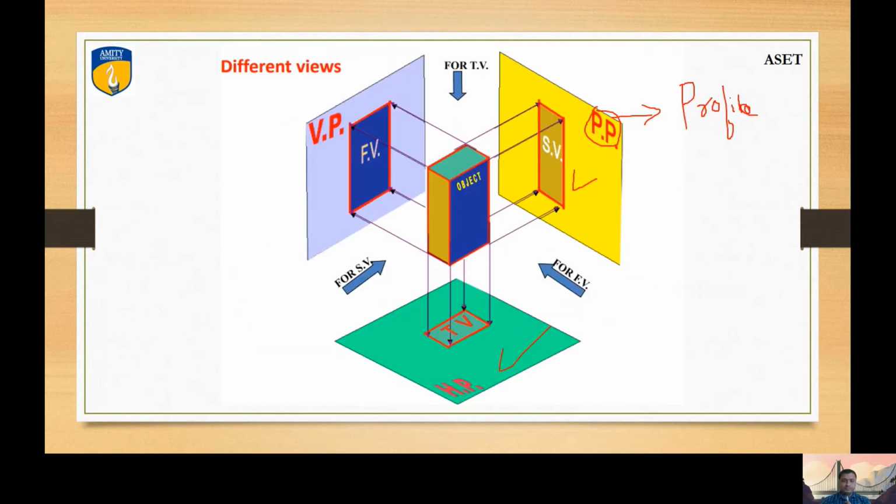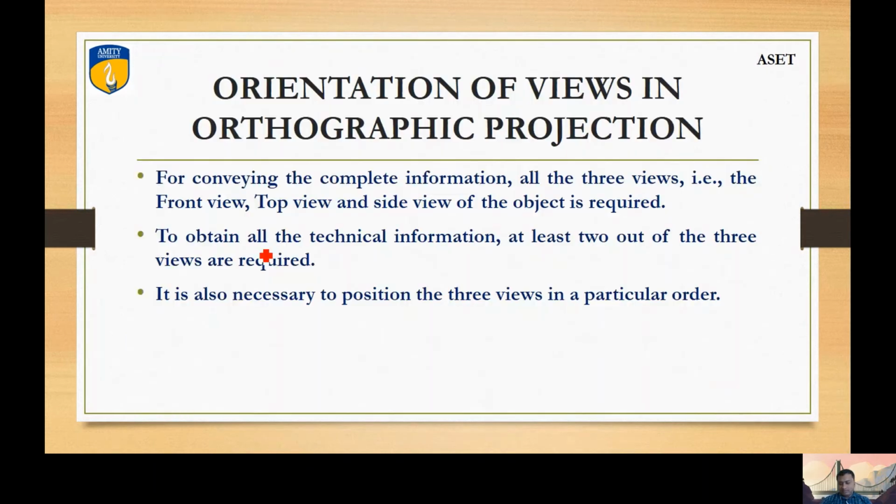Okay. Now we have seen the different views, that is front view, top view, and the side view. But how to locate those views, how to orient those views in the orthographic, that is also very important. See, if I ask you to draw the front view, top view and the side view of your mobile, it's not like you draw this is my front view, this is my top view, and this is my side view, right?